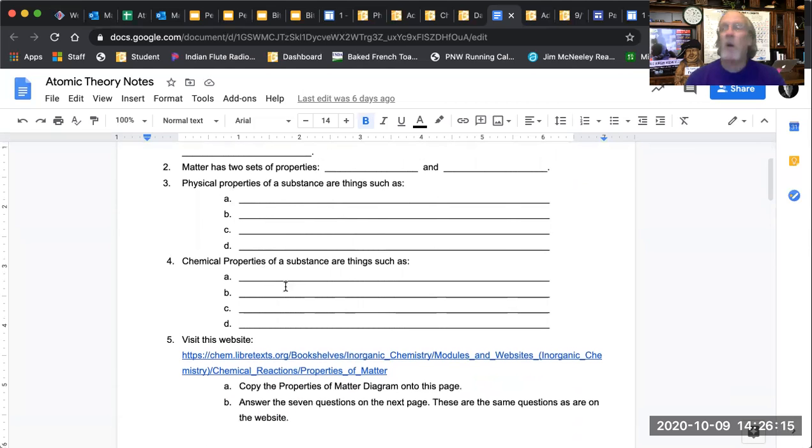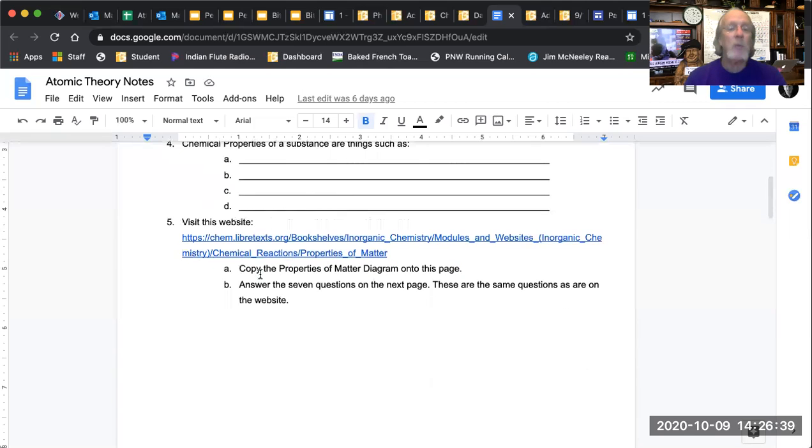Chemical properties are things that are the potential. So flammable, reactive, acids, bases. All of these are chemical properties: acid, base, flammable, corrosive. All of these are different chemical properties.